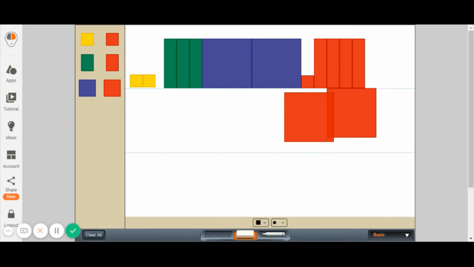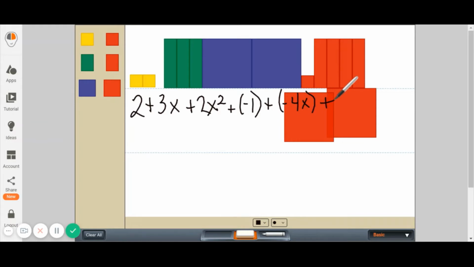There are multiple answers I can expect from students, and I can invalidate each student's response with my model. Some students may read the expression as 2 plus 3x plus 2x squared plus negative 1 plus negative 4x plus negative 2x squared.